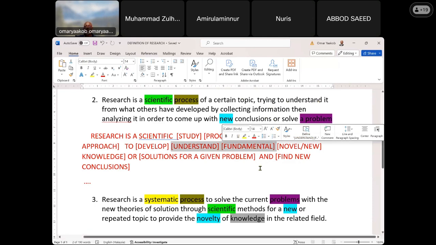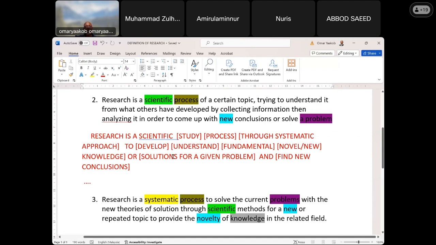First of all, Doctor, I want to agree with Norris when she added "or" to differentiate between the two processes. When she added "or solutions", I agree on that. The second is I also agree that to develop precise knowledge is not just fundamental; it's precise knowledge for a raised problem, whatever the problem is.